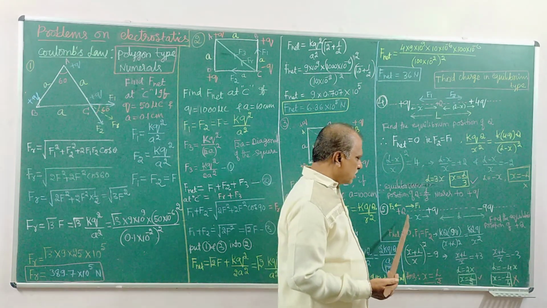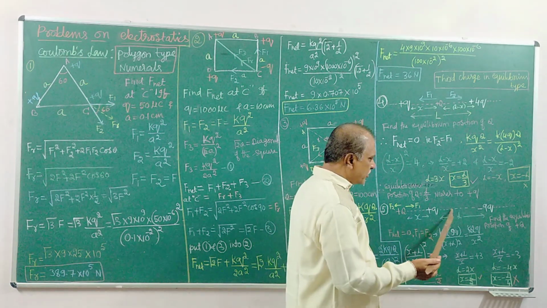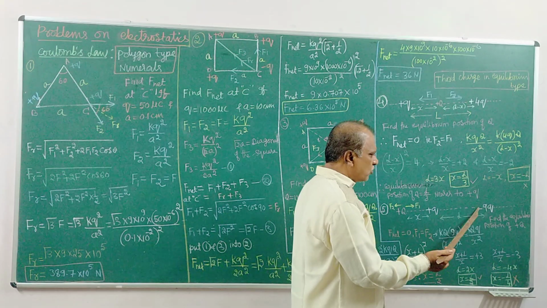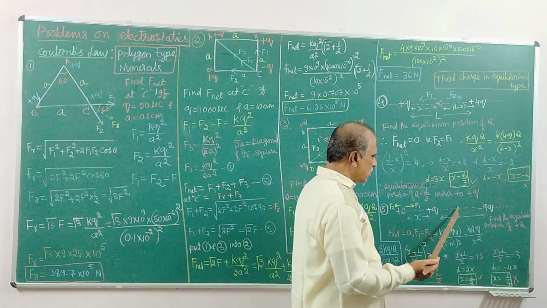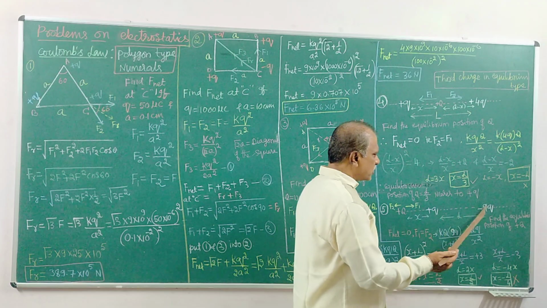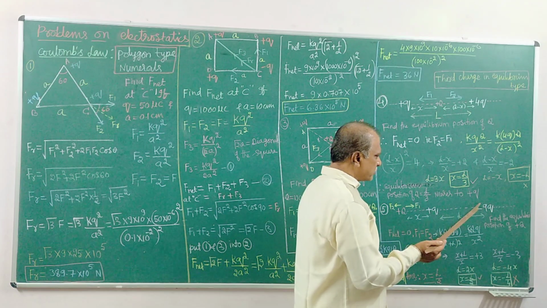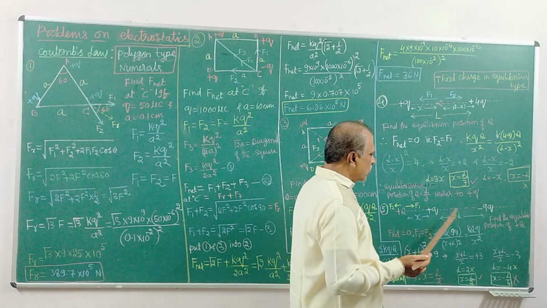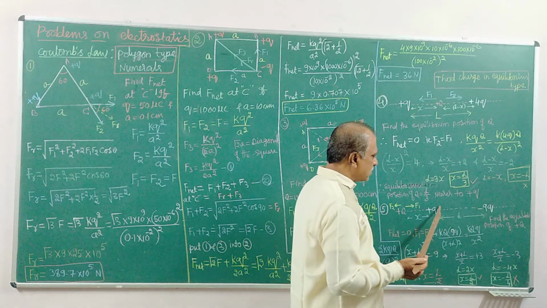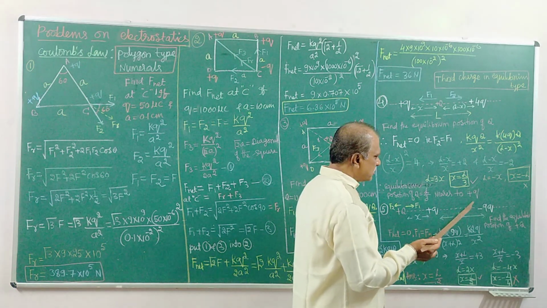Try placing this charge in between these two and see whether the two forces act in opposite directions. Let us place plus Q in between these two. This Q will attract towards this, that is the direction. And this Q will have repulsion on this plus Q. The repulsion is in the same direction.